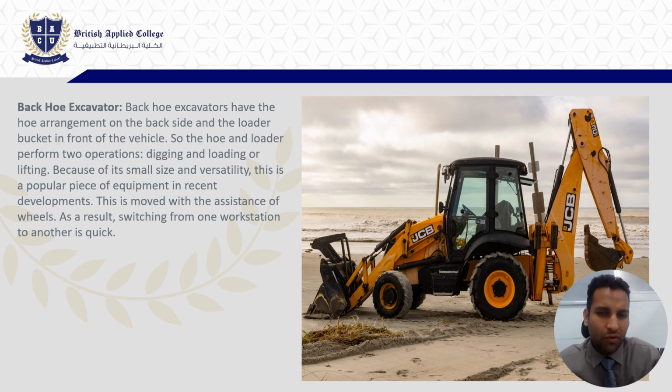You can go through the PDF which I have shared and understand what the benefits of each type of excavator are, where they are used, and at which site conditions they can be used. That is the basic idea which I have given in these PPTs.